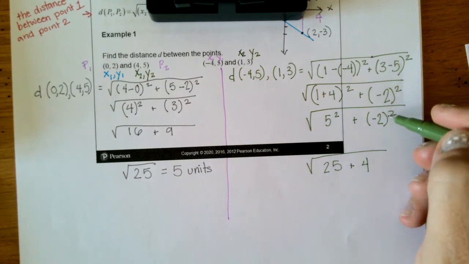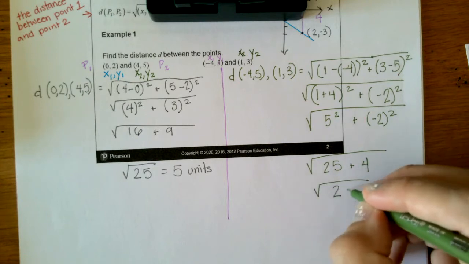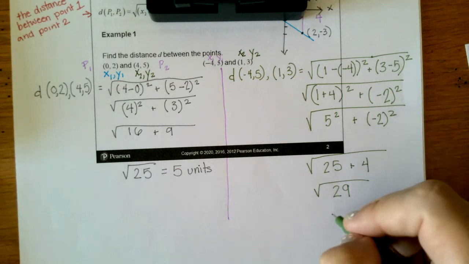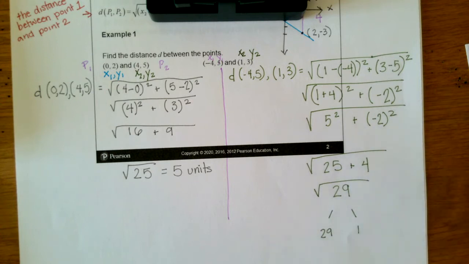Because when you square a negative, you get a positive. So that becomes the square root of 29. You can't make the square root of 29 into anything. There aren't any factors, right? It would just be 29 and 1.